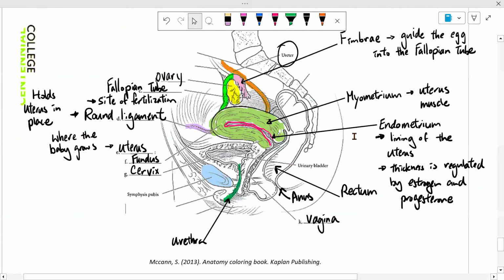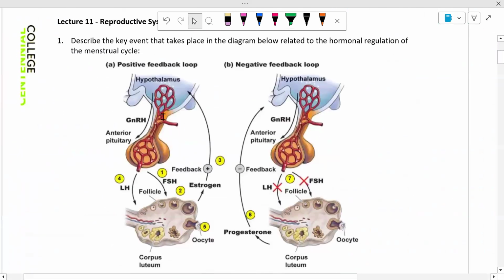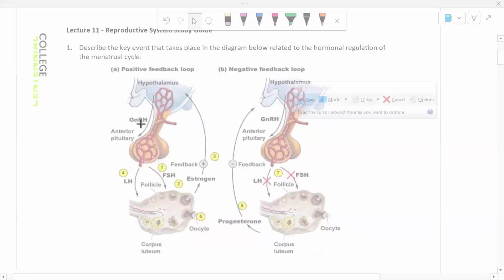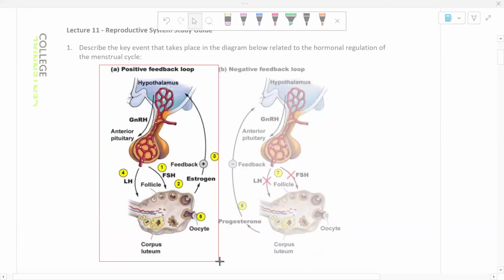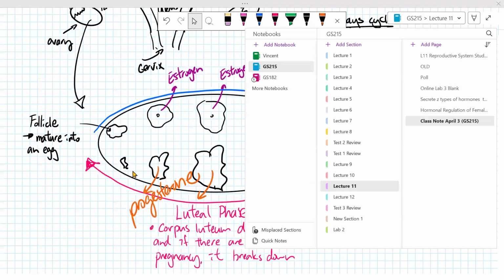Okay, let's go back. I mean, don't go back, you stay there. But I'm just gonna borrow this picture. You can go back to do it in the study guide, but I'm just gonna borrow the picture here.